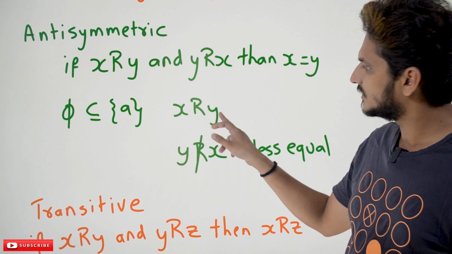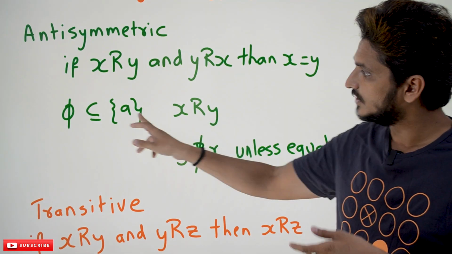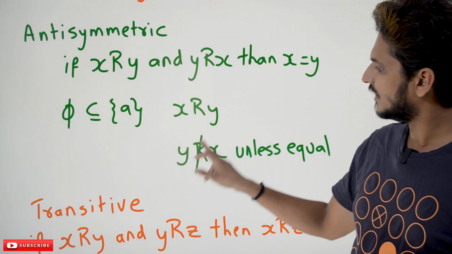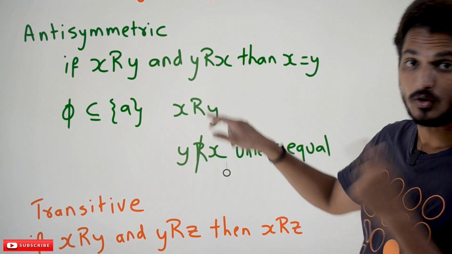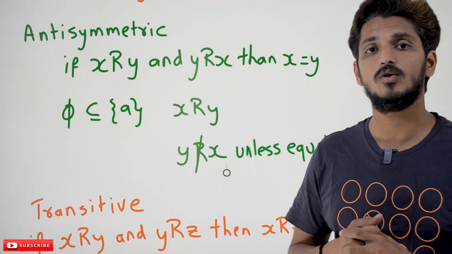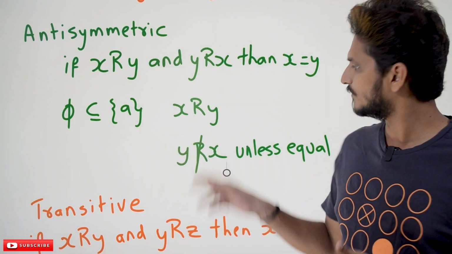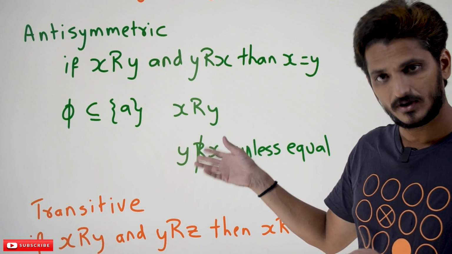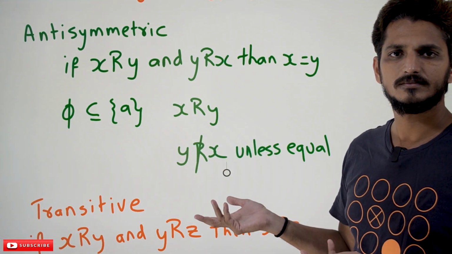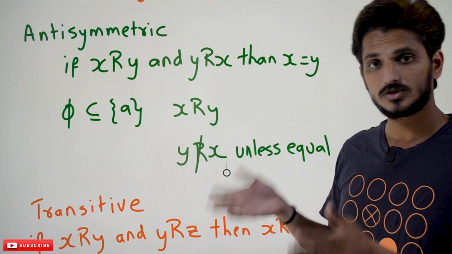So if x relates to y and they are not equal, then y is not going to relate to x. If these two happen, then you have to check for x equal to y. In our examples, it is not happening. If it happens, definitely x equals y, because those are sets.